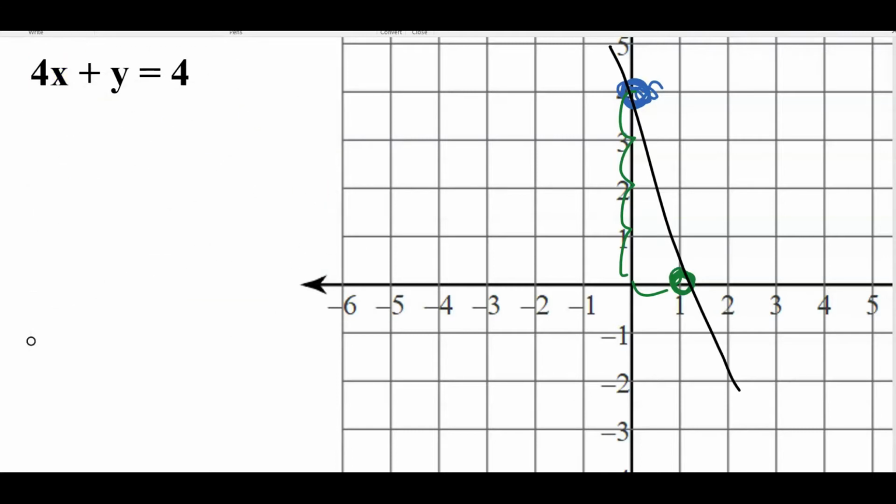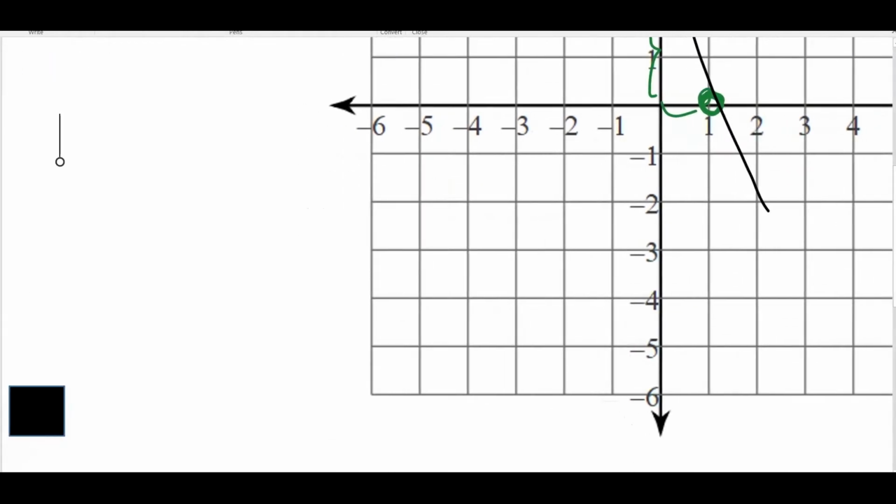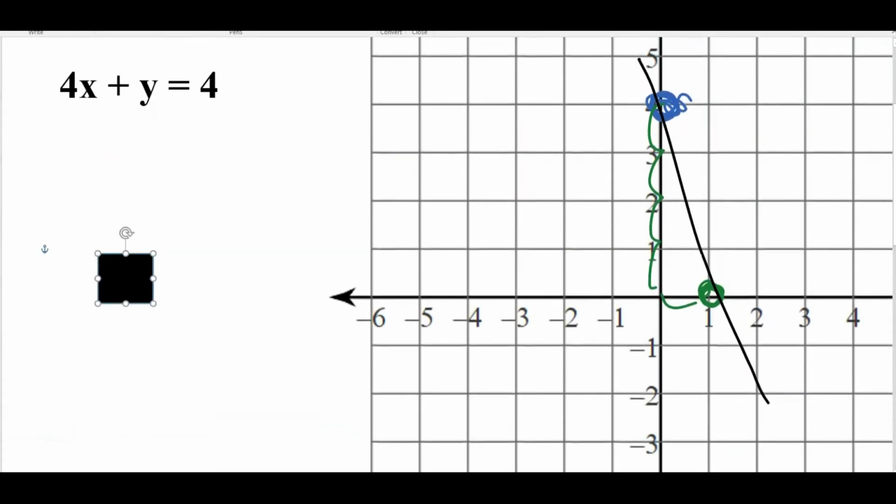All right, let's say I had this, I'll bring this up here to the top. I'm going to use this to kind of take a shortcut. Now you'll notice on this graph that it has an x-intercept and it has a y-intercept. There's an easier way to find this.